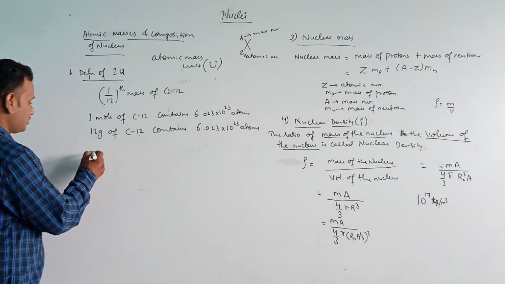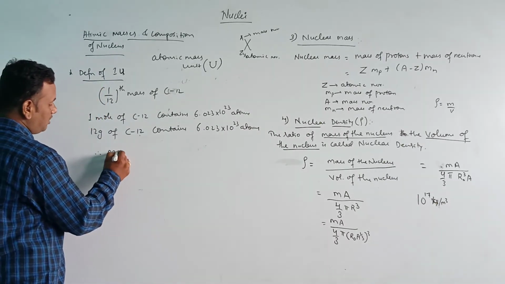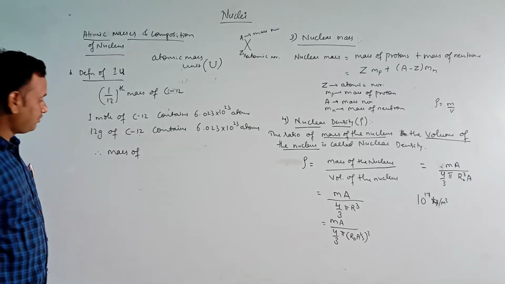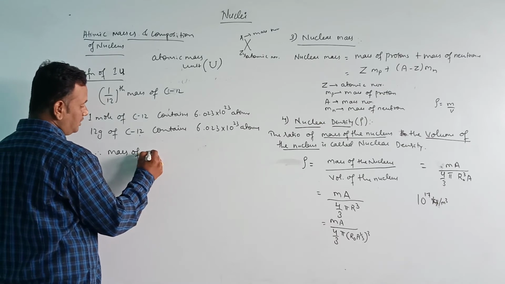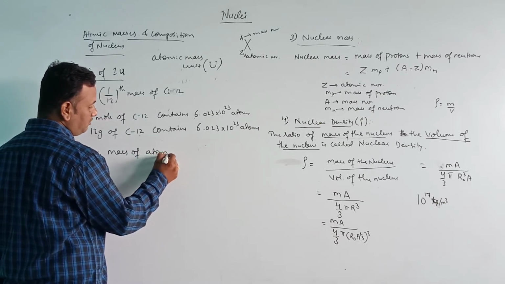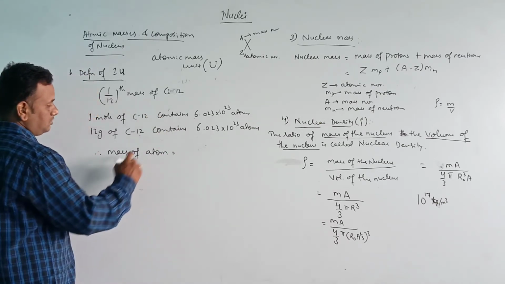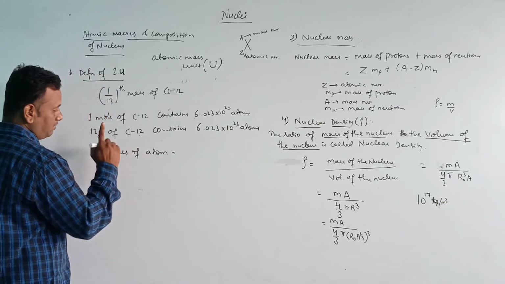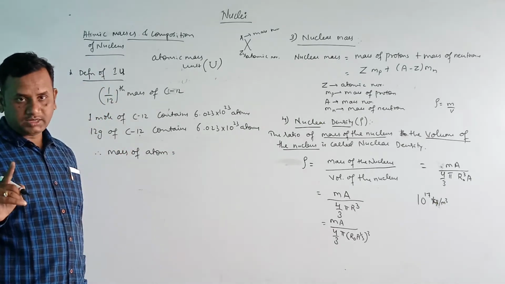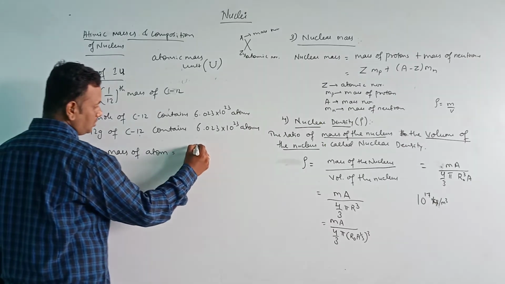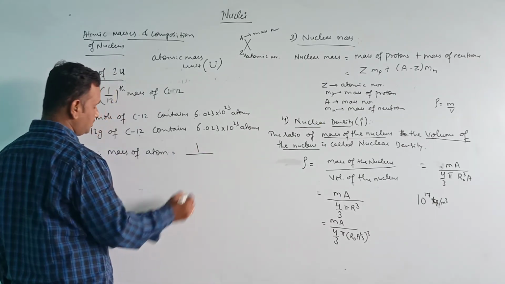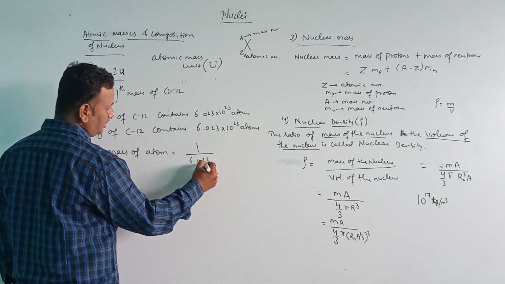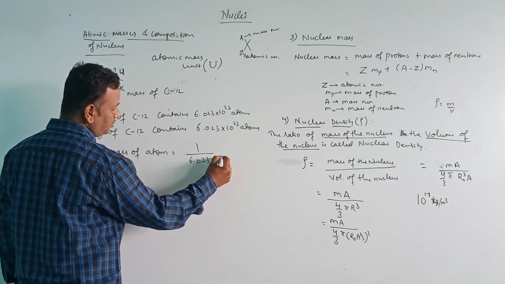Therefore, the mass of 1 atom of carbon 12 is 12 gram divided by 6.023 into 10 to the power of 23.